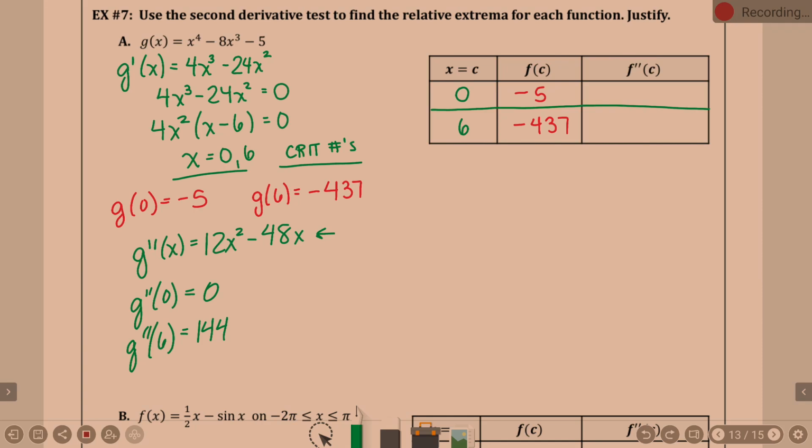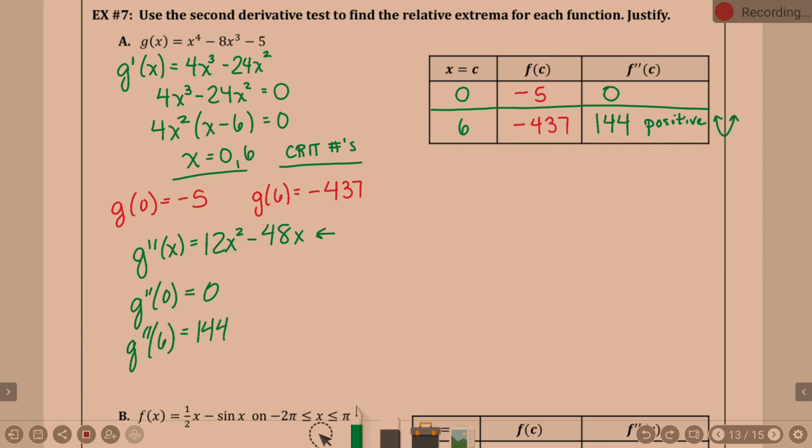So I'm going to fill in over here. When C is 0, the second derivative is 0. And when C is 6, the second derivative is 144. Guys, 144 is a positive number. What does a positive second derivative mean? It means concave up. If that is concave up, what's going to be on that graph in that interval?